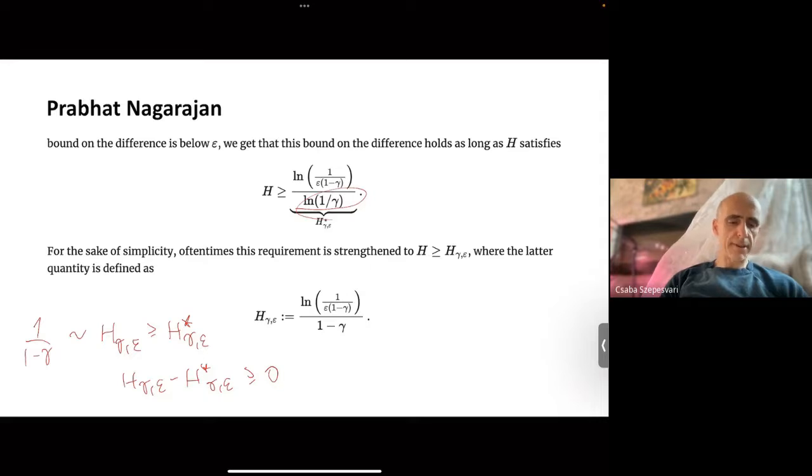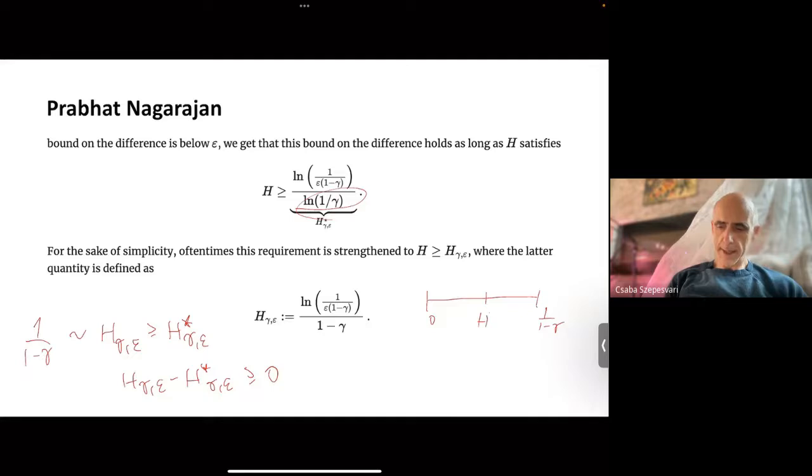Both of them are of the size of 1 over 1 minus gamma. So there were these two numbers between 0 and 1 over 1 minus gamma.